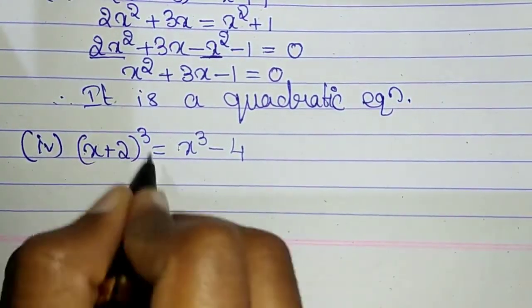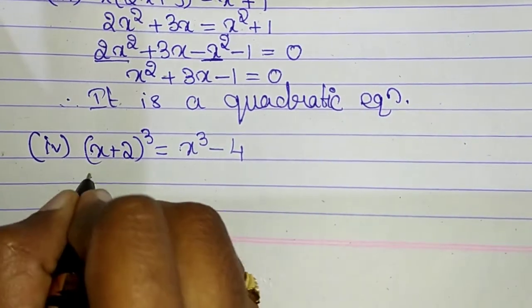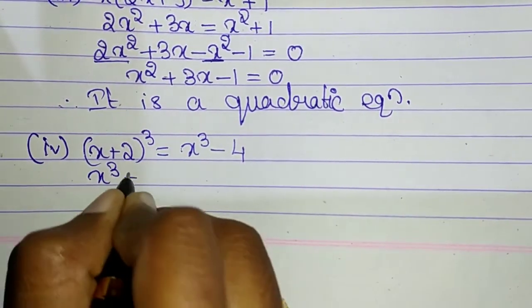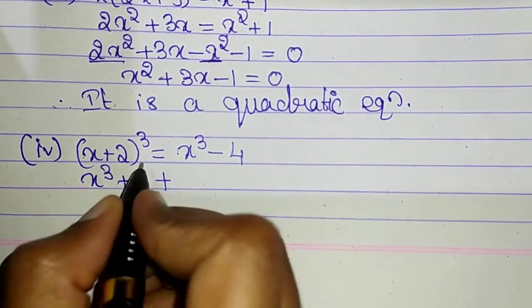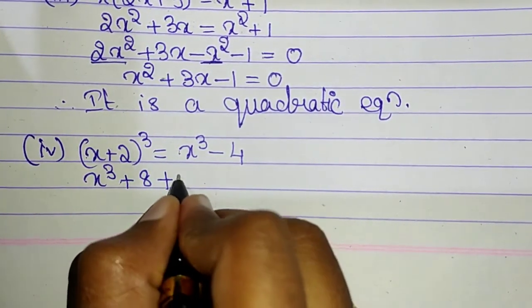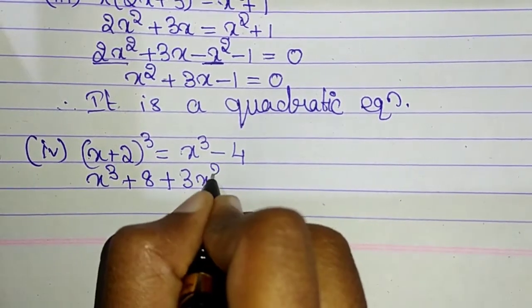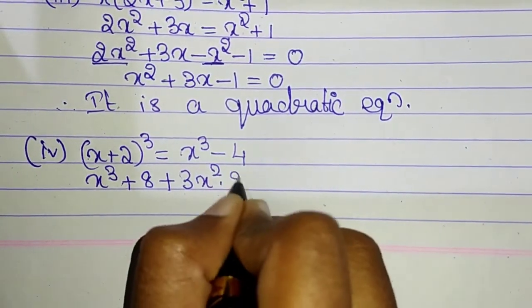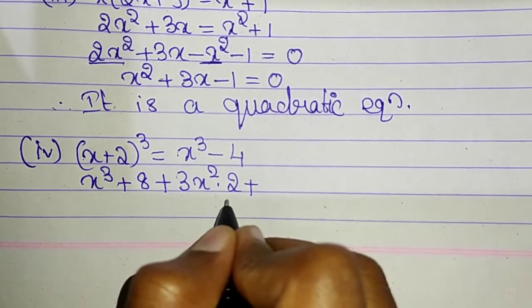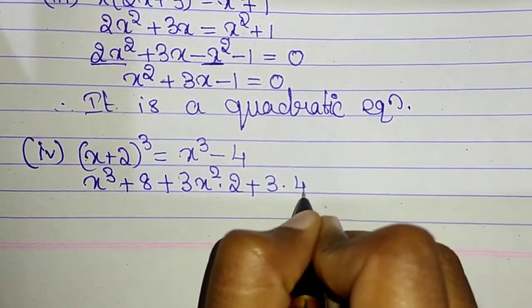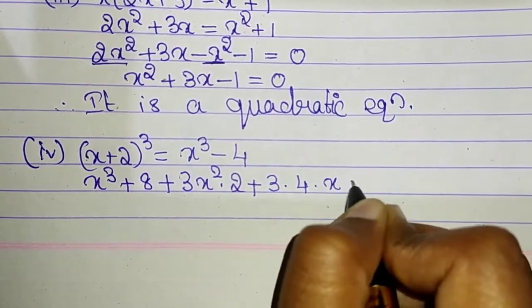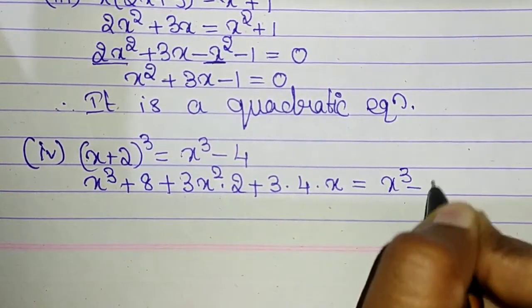We know that (a + b)^3 can be opened as a^3 + b^3 + 3a^2b, that is 3 times x^2 into 2, plus 3ab^2, that is 3 into 4 into x, is equal to x^3 - 4.